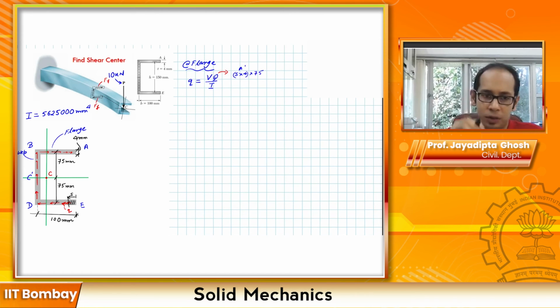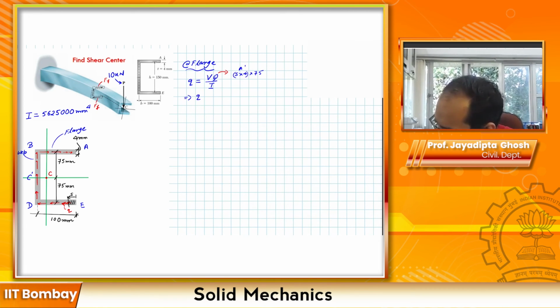So if we plug all of these guys over here, you get the expression for q as q equals 10, that is the load, times 10 cube, so I'm converting to Newton, times what we just calculated for capital Q, S times 4.